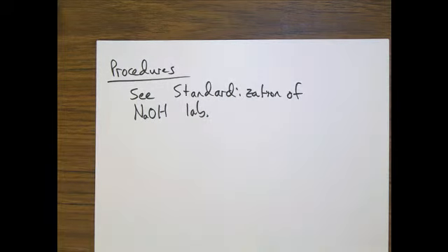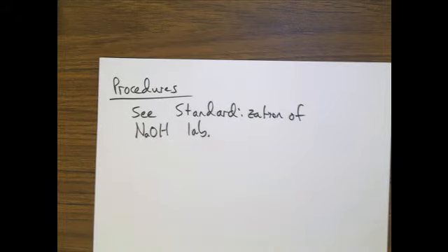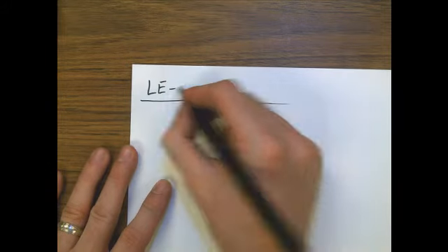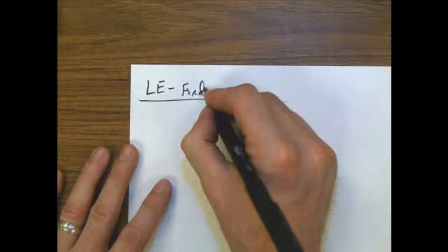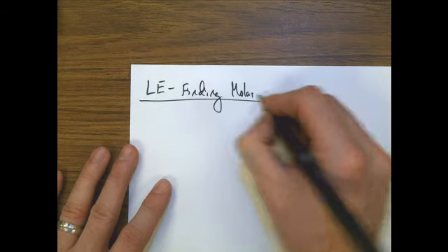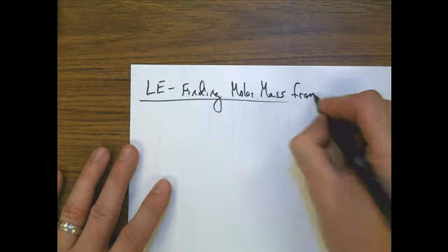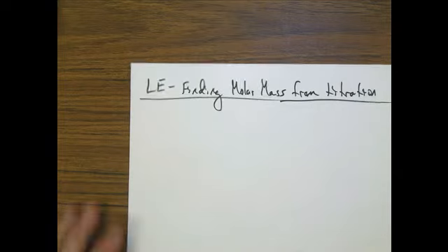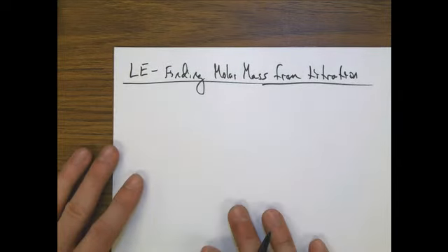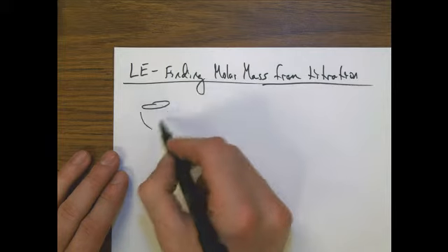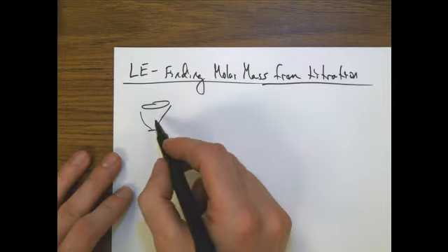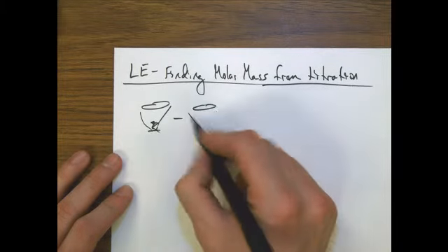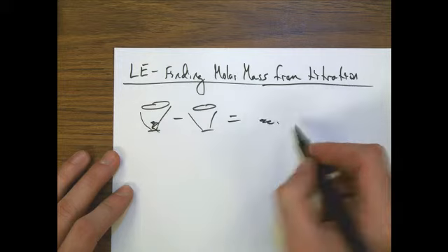So what that means, and what I'm about to write is not going to go in your lab notebook, we're going to do on a set of notes, which is going to be LE, finding molar mass from titration. Remember in that lab, the standardization of sodium hydroxide, you had a cup with the acid in it, you poured it into a flask, and then you subtracted away the mass of the cup, and then you knew the mass of your acid.